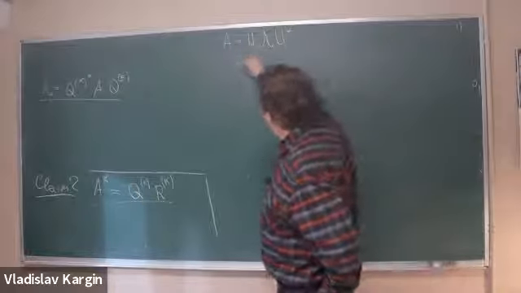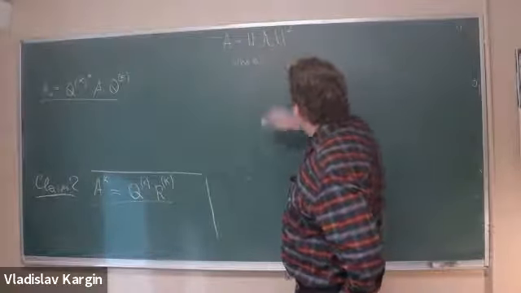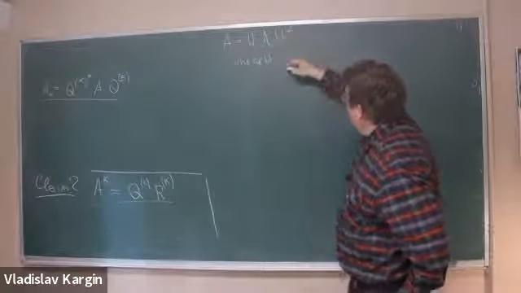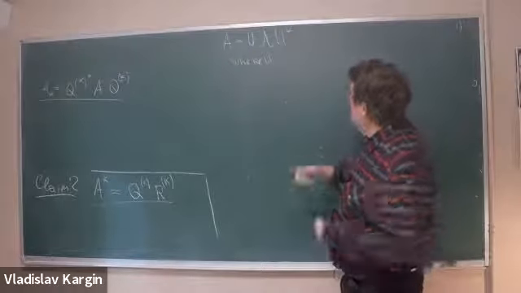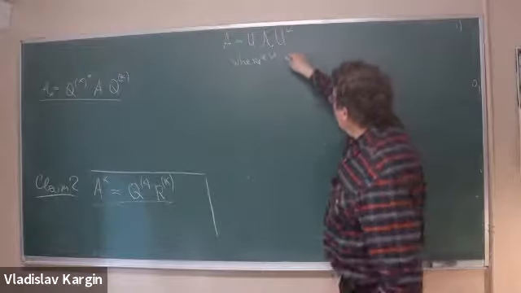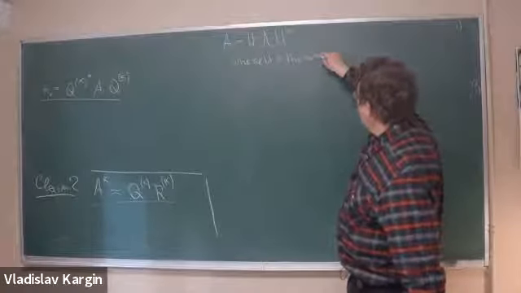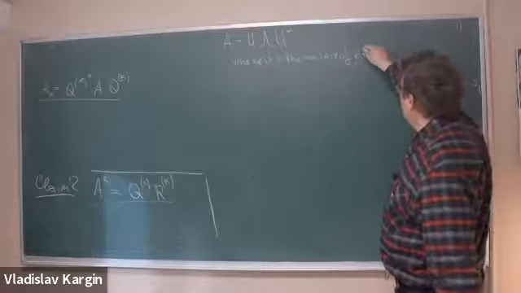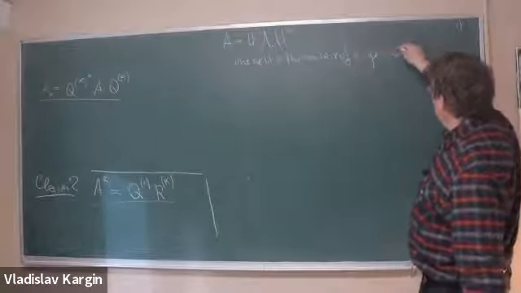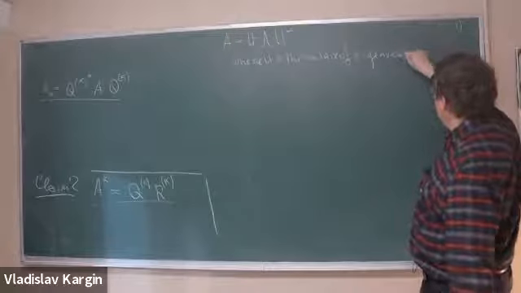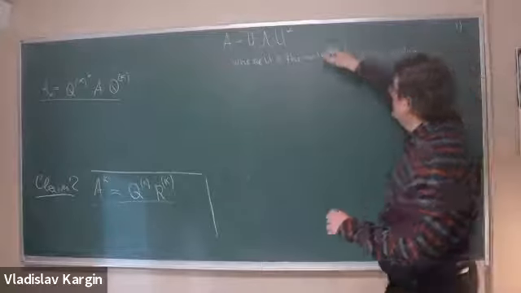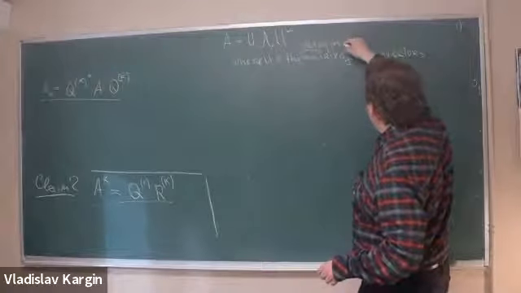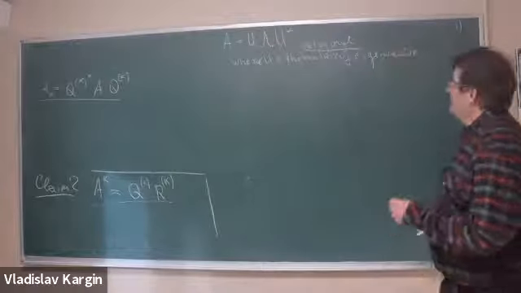Where U is the orthogonal matrix of eigenvectors.